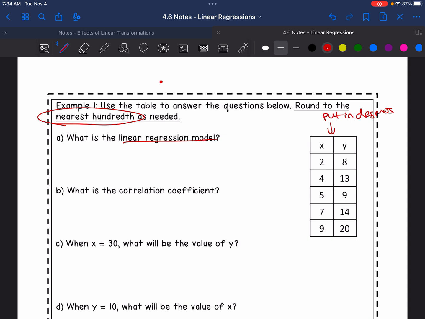So nearest hundredth means we're going to keep the first two numbers after the decimal. And then whatever the third number is, that tells the second number if it needs to round up or down, okay? If that third number is 5 or higher, the second number needs to go up. If that third number is below 5, we keep the second number like it is.